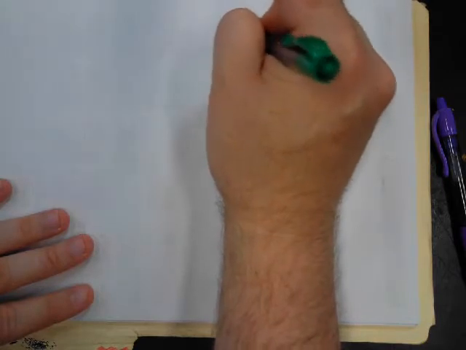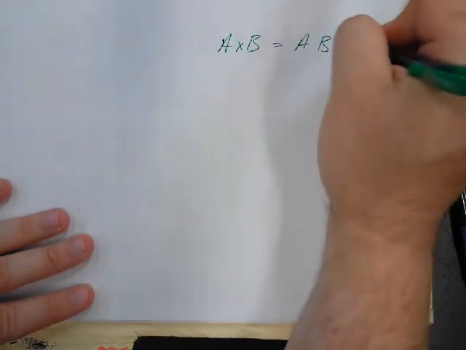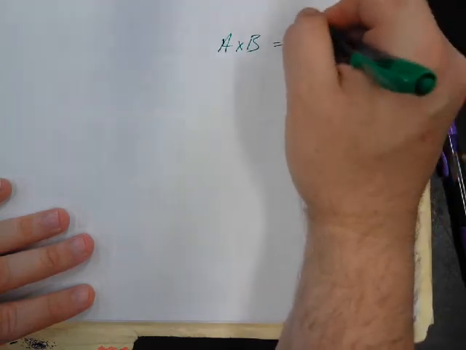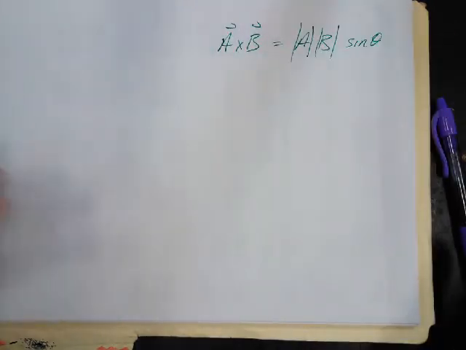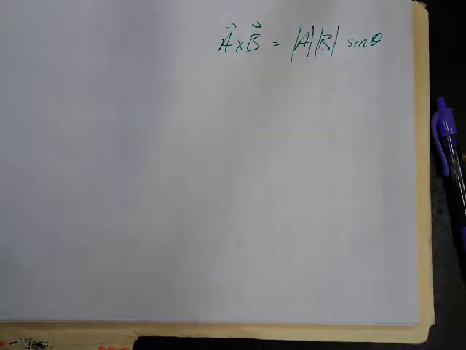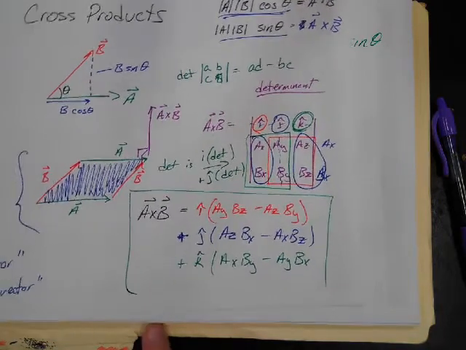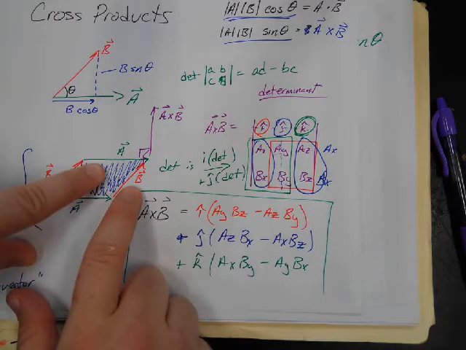A cross B is AB sine theta. Sometimes we use phi instead of theta. I think the notes actually use phi, but that's okay. There is a reason I want to bring this up, and it comes from talking about what happens with A and B. When is this thing zero, basically?